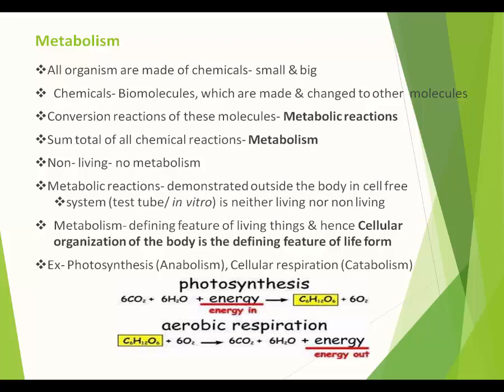Now, non-living things cannot produce or break any type of chemical inside them. So, non-living things cannot metabolize, while we are actually producing many types of chemicals, ranging from the different types of biomolecules, enzymes, vitamins, etc. inside our cells.